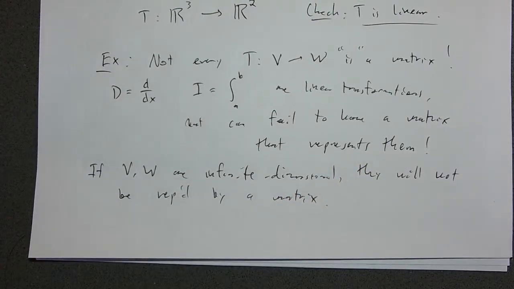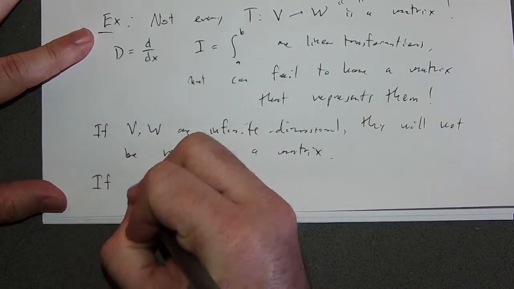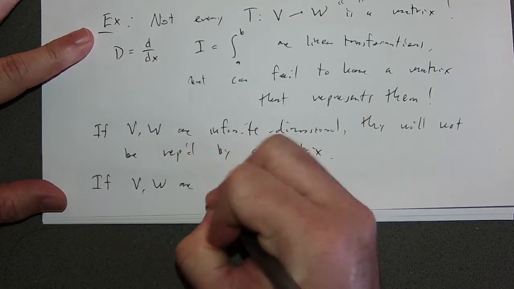Now, depending on what your 240 instructor said about isomorphism of vector spaces, there's the other thing, which is if V and W are finite dimensional.